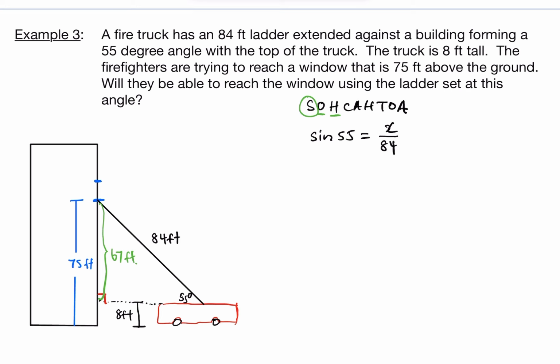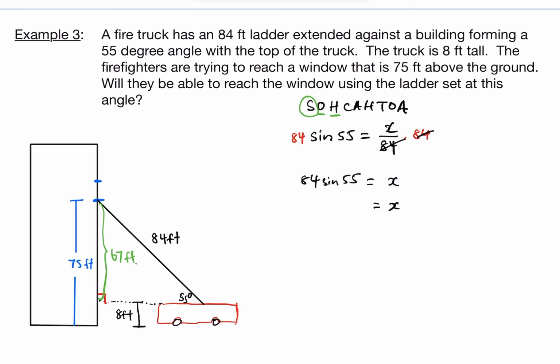In order to solve for x, we have to move 84 over to the other side of the equation, and we do that by multiplying both sides by 84. These cancel out, and we get x is equal to 84 times the sine of 55.